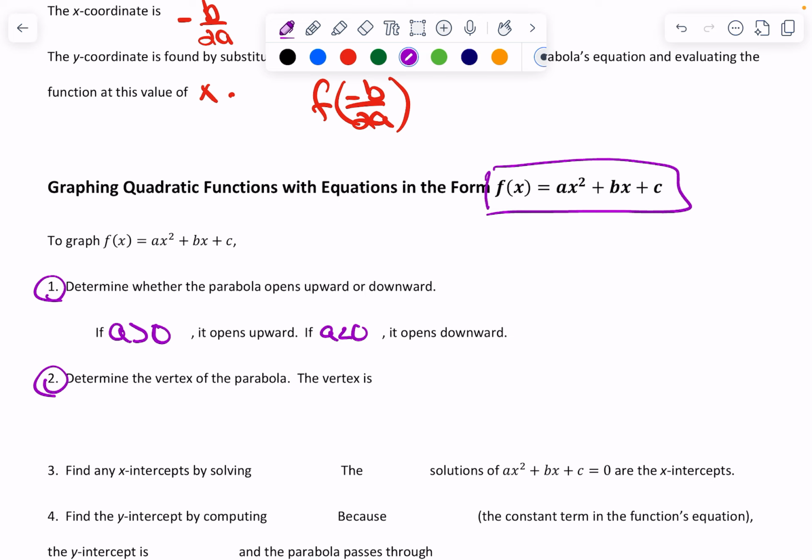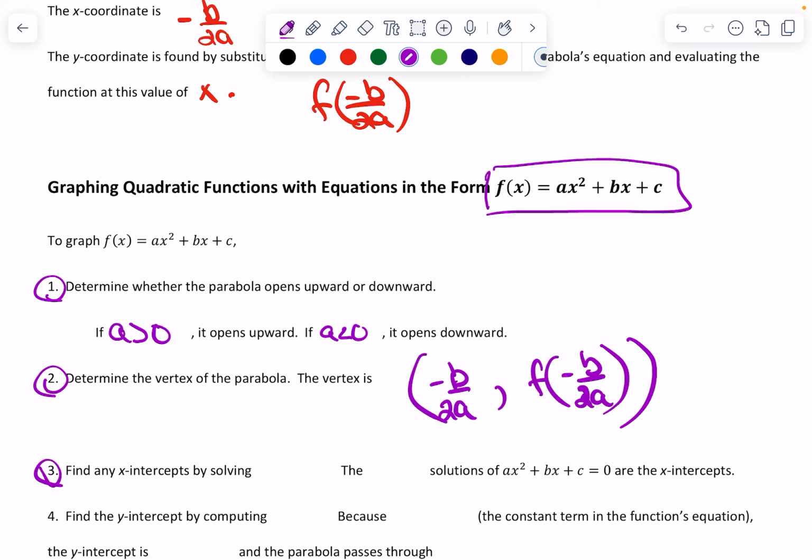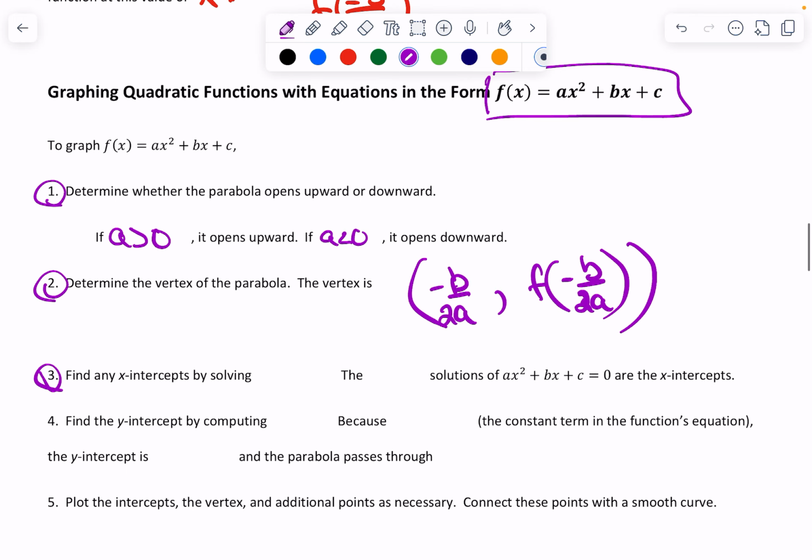So the vertex, again, the x coordinate is negative b divided by 2a, and the y coordinate is going to be f of, when we plug in the x coordinate, negative b over 2a. Third step is find any x-intercepts by solving f of x equals 0. So the real solutions of ax squared plus bx plus c equals 0 are the x-intercepts.